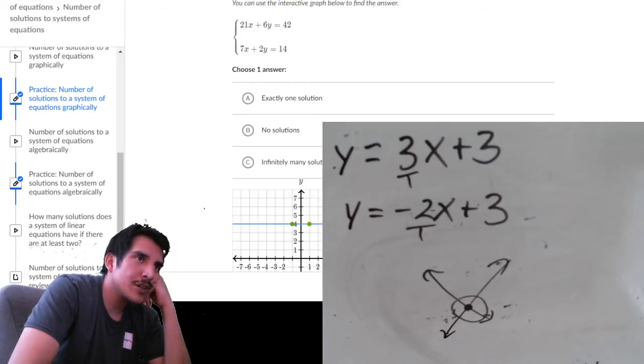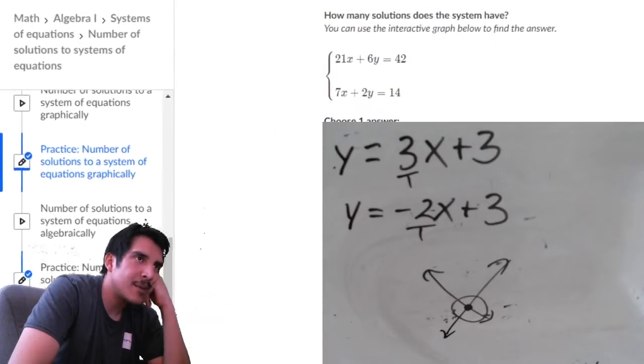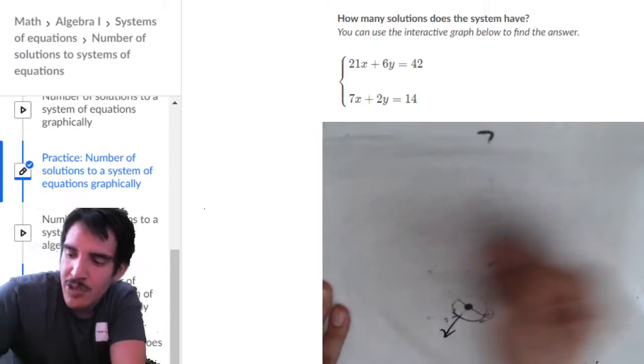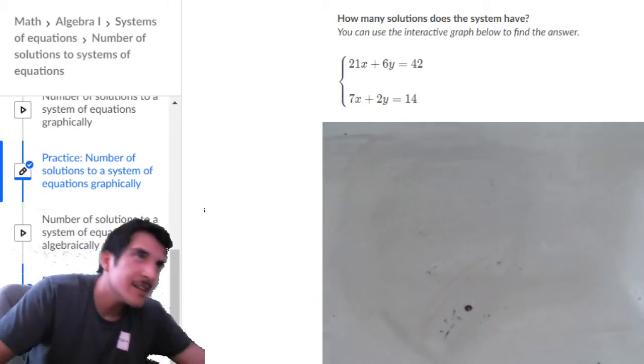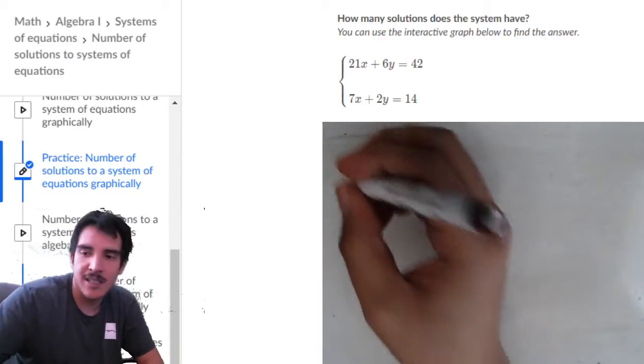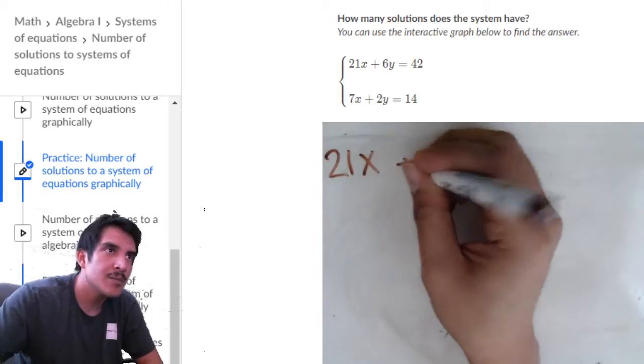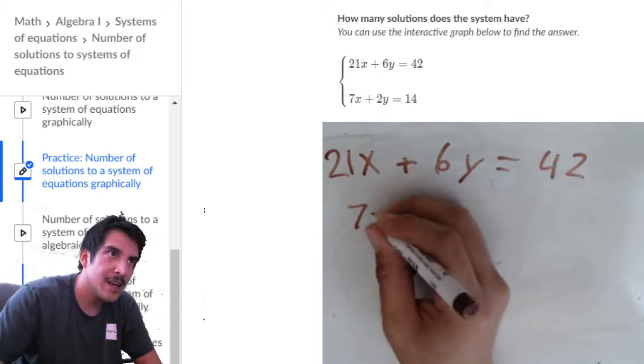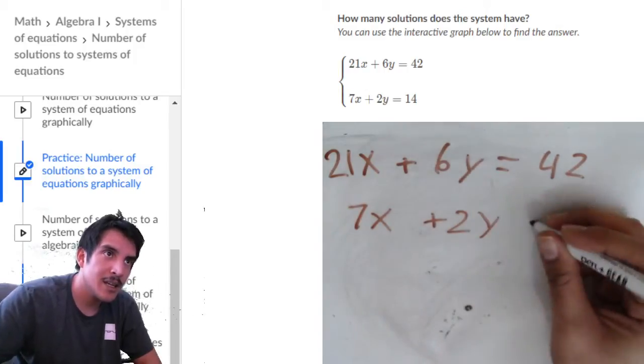This one, I'm actually going to do on Desmos.com, just to show you. First of all, copy down the system of equations so that we can enter it on the website. The system of equations is 21x plus 6y equals 42, and 7x plus 2y equals 14.